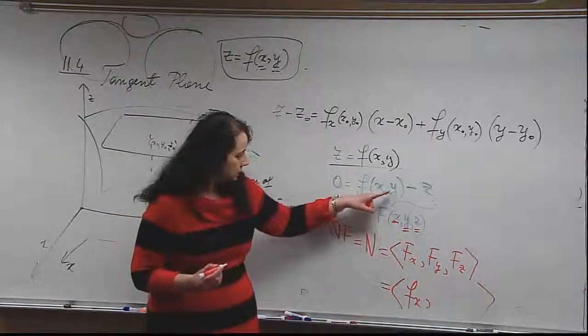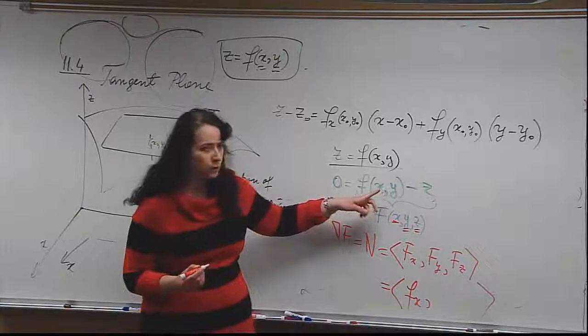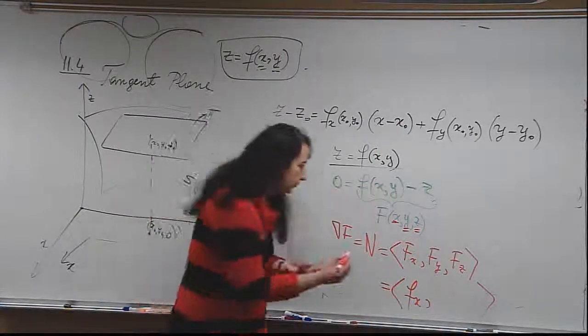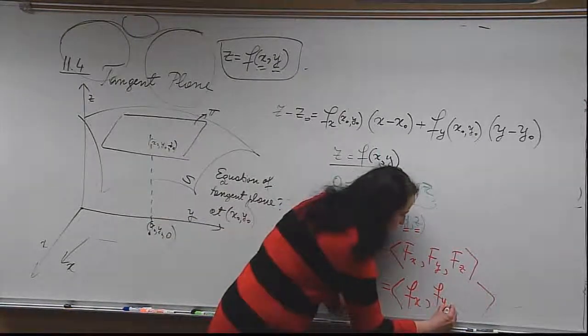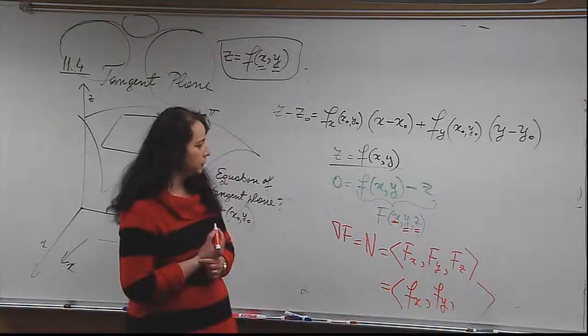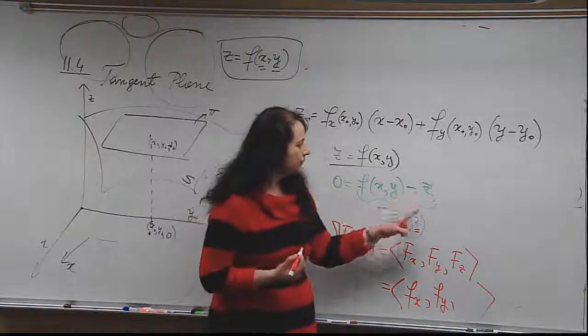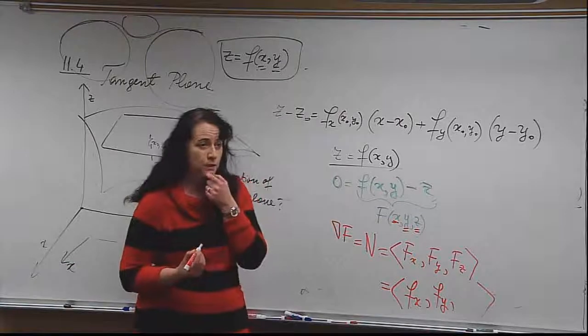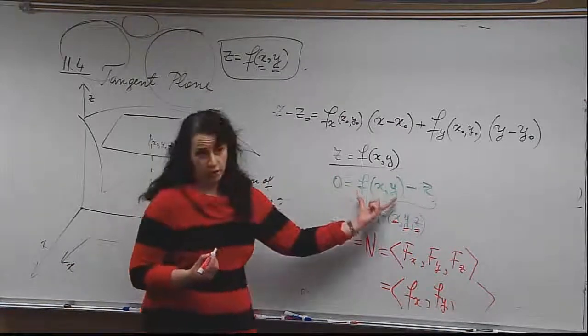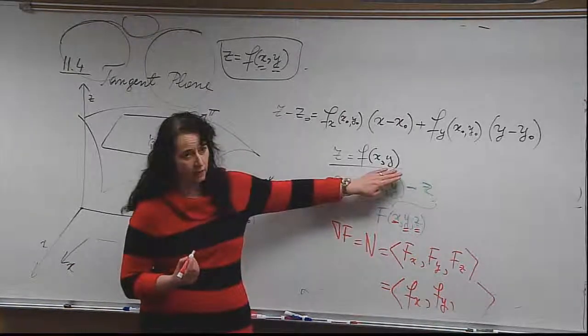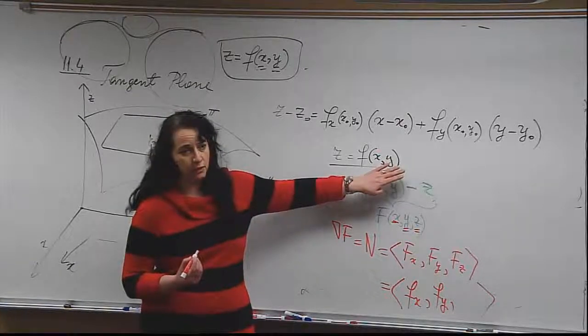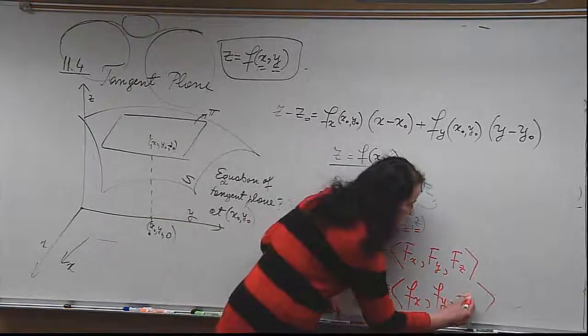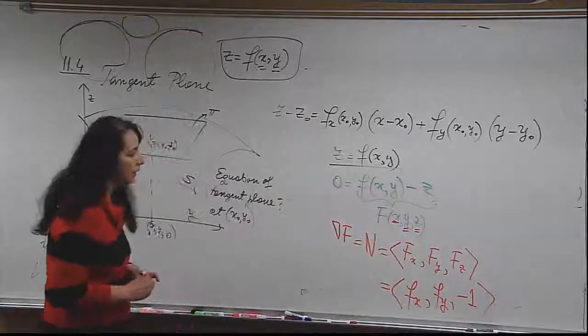What is big F prime with respect to y? Little f sub y. Differentiate with respect to y. And finally, if I differentiate with respect to z, there is no z here, right? That's like a constant. Prime will give me 0 and minus 1. So I know the gradient, I know the normal.